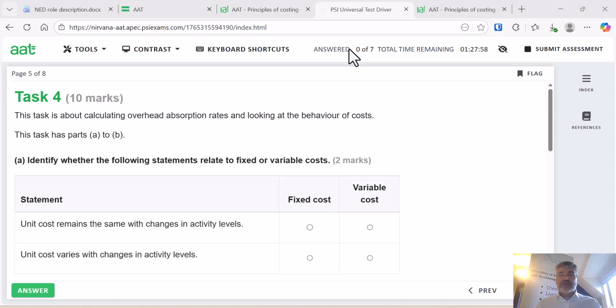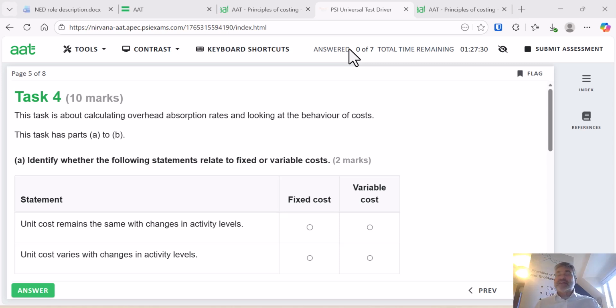Looking at requirement A, we've got a tick box type question. We've basically got to state whether the following statements relate to fixed or variable costs. If you've looked at sample assessment 2, you'll realize there are quite a lot of questions testing your ability to classify costs. It's quite a big part of the level 2 syllabus.